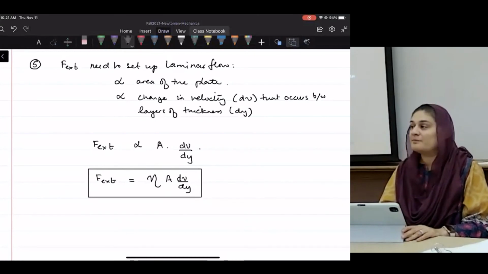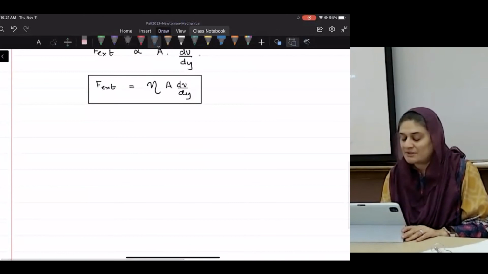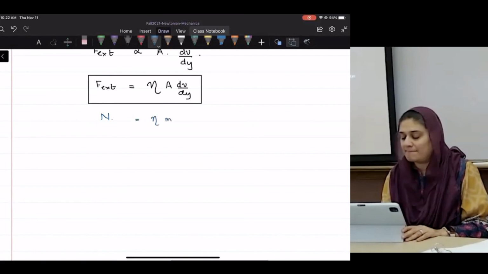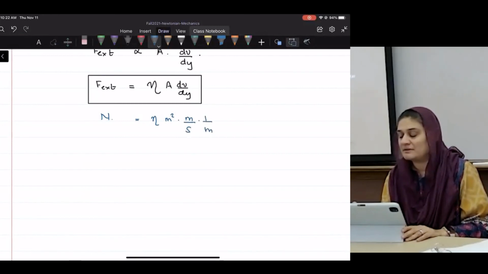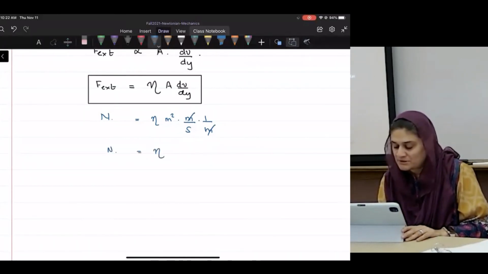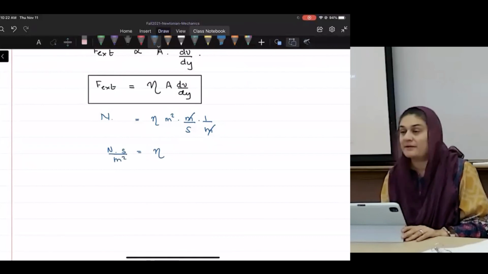So can people come up with a unit for eta? So what's on this side? Newtons? What's area? Meters squared? What is V? Meters per second? What is dy? A good unit for eta would be Newton seconds over meter squared.